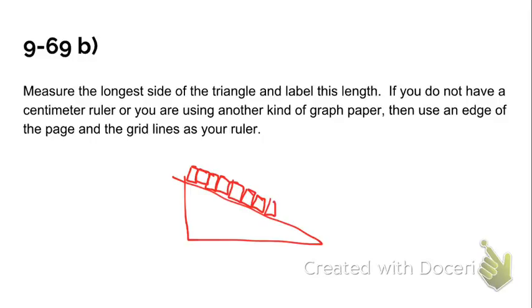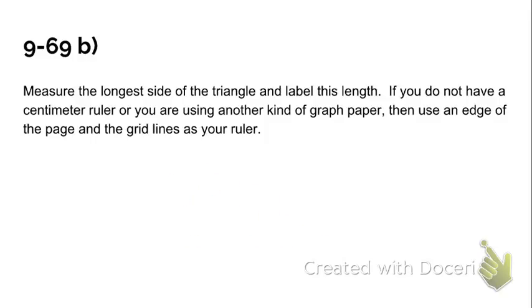Now, we already know what we counted for the other sides, but we need to count out how far this one is. Okay, so take a moment. It may be a little bit tricky, but take another piece of Cornell note paper, turn it a little bit so that you can count exactly how many squares across that triangle was.